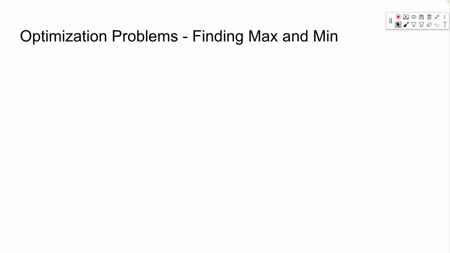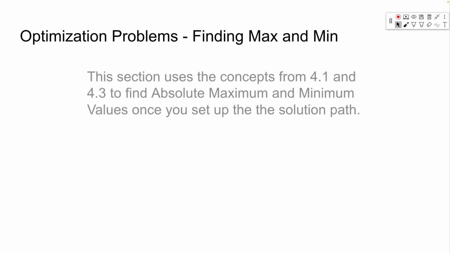In business, you want the minimum cost or the maximum profit. In engineering, maybe you want the most efficient use of fuel, or you want to bring in your creation at a lower cost. But whatever we look at, we're looking for a maximum or a minimum.